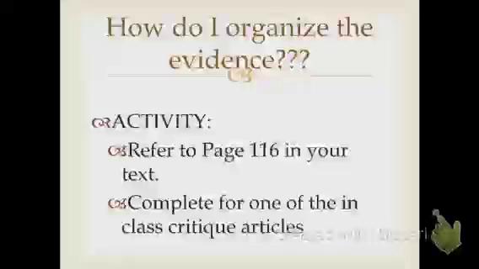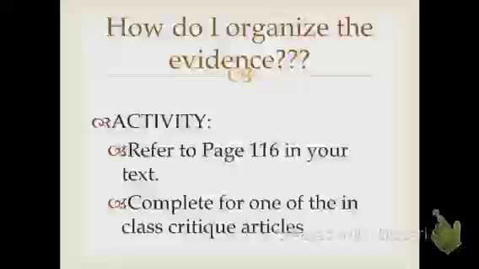A big question that novice researchers have is, how do I organize the evidence? Certainly there's a lot of software to do that, but if you're looking at preparing to summarize an article for your peers, your coworkers or whatnot, there are some systematic ways to do that.